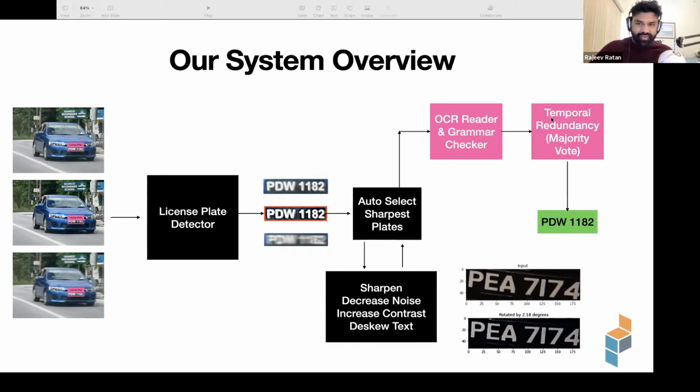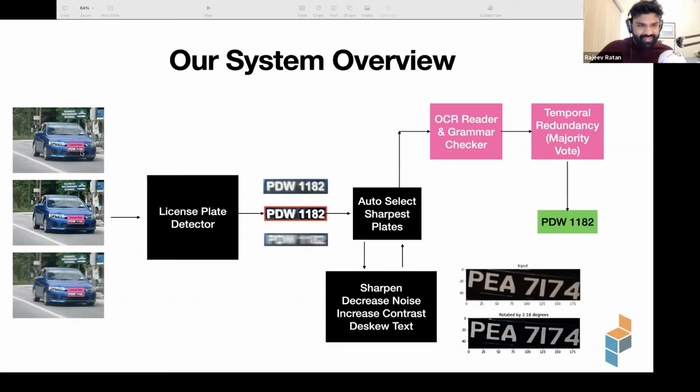And we do a temporal redundancy, which basically is a majority vote. So if PDW1182 was the most common OCR read output from all of the 10 plates we identified, then we go with this. We do this temporal redundancy majority vote to get the most frequent occurrence, because as you may have noticed, hopefully in the video, the detector doesn't always capture the full plate.